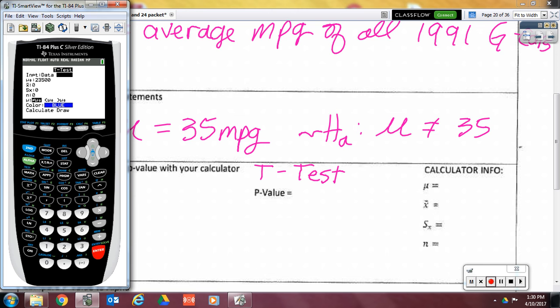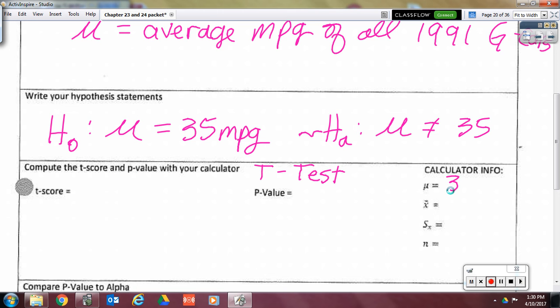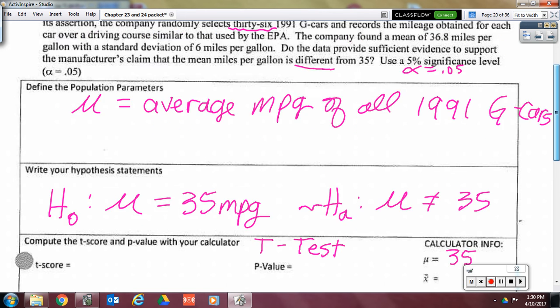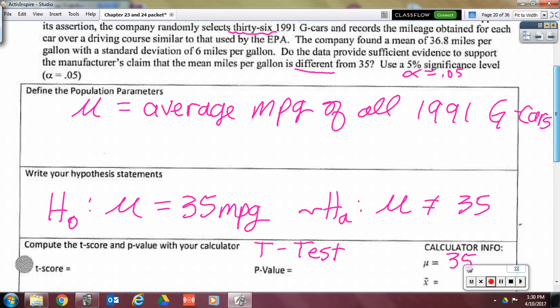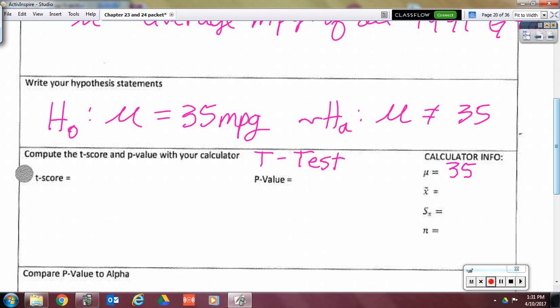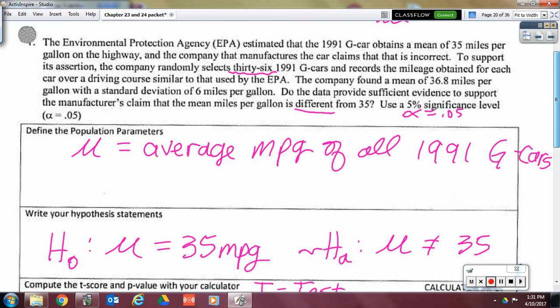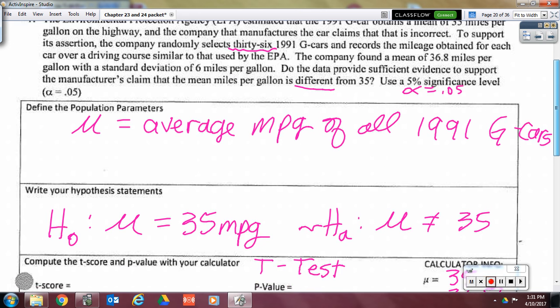All right, it is statistics. What is this mu, the claimed mu? Good, the claimed mu is 35, but they took a sample and the sample results that they got were 36.8. So that's x bar, the sample mean, with a standard deviation of 6. What is the sample size?